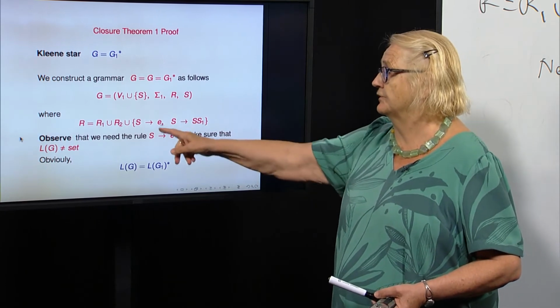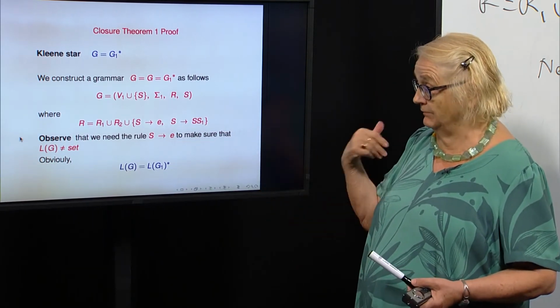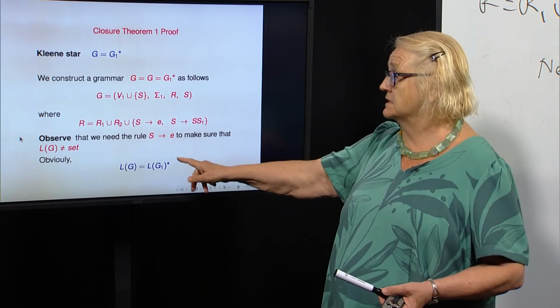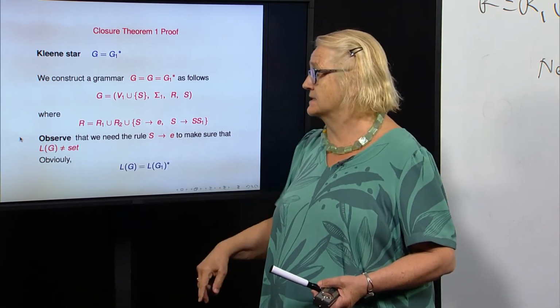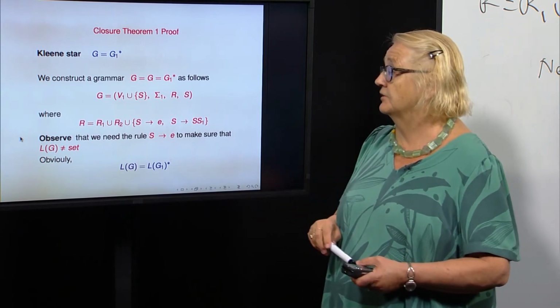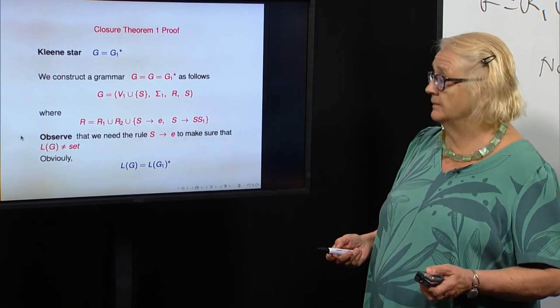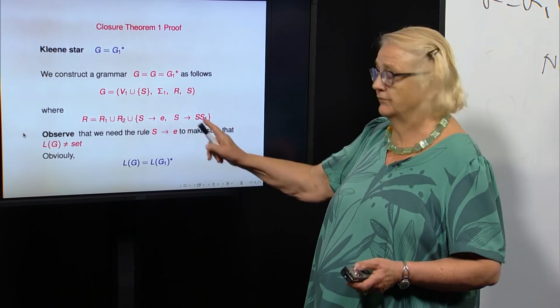You have to get rid of this S, for two reasons. One, for the Kleene star you need to have the empty word, but also you need the way out from this S.